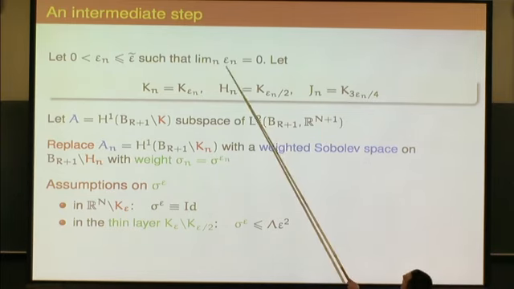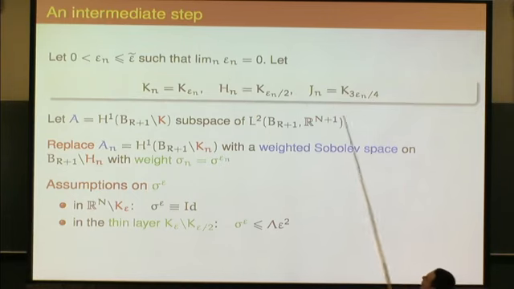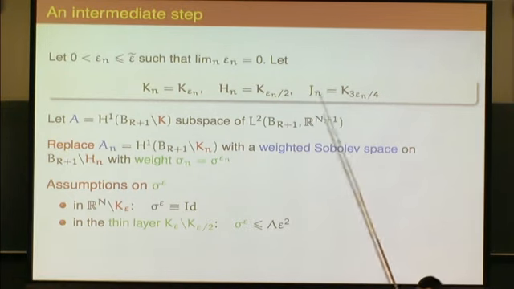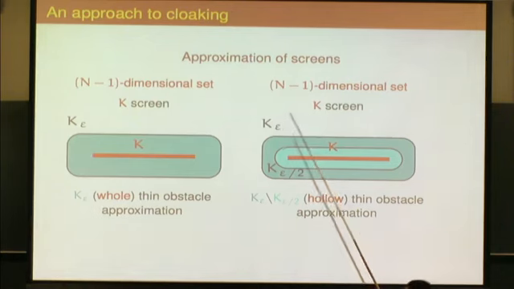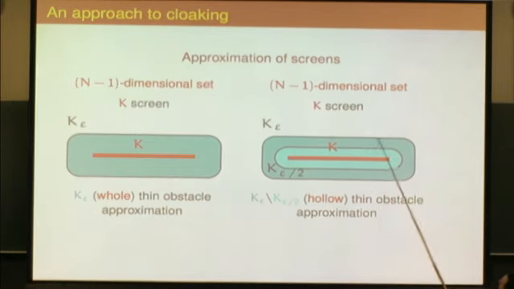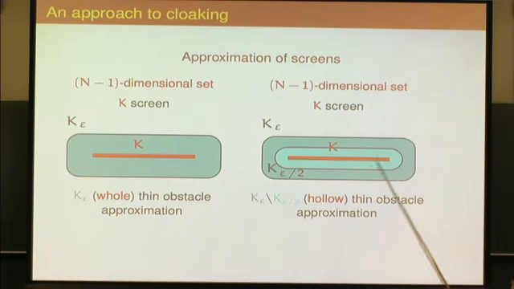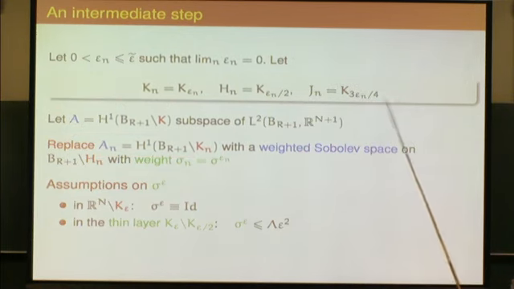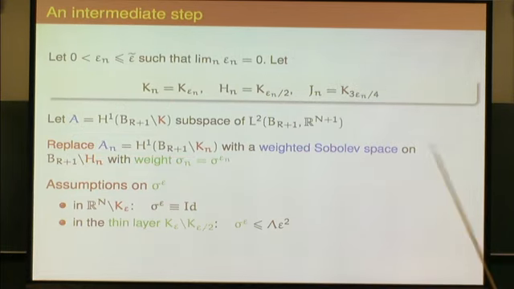You take a sequence of positive numbers going to 0, and you take K_n. So K_n is K epsilon_n. H_n is the lighter part, and then I will use also J_n, which is something in between. It's K_{3 epsilon_n/4}. So it's one set in between.